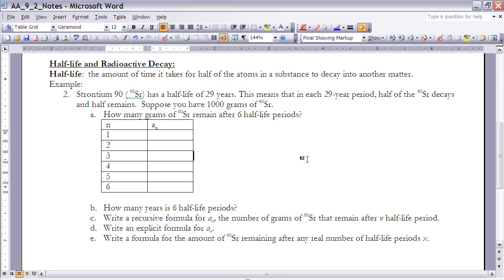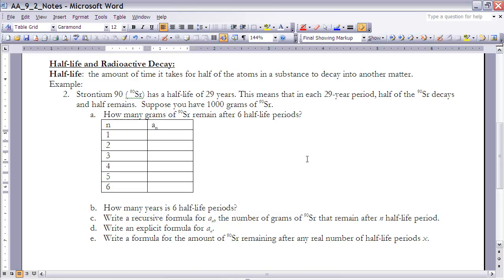Strontium-90 has a half-life of 29 years. This means that in 29-year periods, half of the strontium-90 decays and half remains. Suppose you start with 1,000 grams of strontium-90. How many grams remain after 6 half-life periods? So what we want to do is fill in this chart.